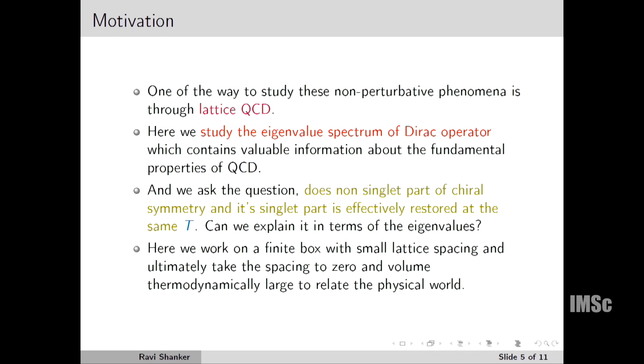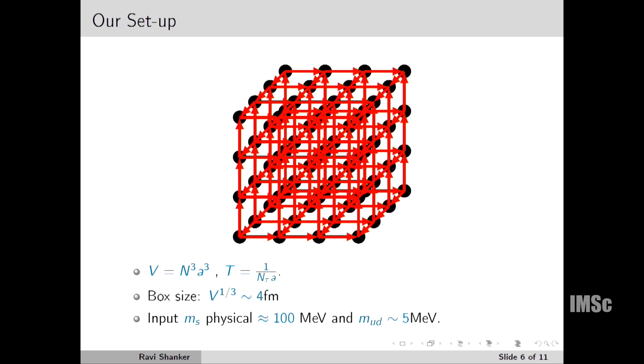We work in a finite box with a small lattice spacing, and ultimately we take this spacing to 0, and the volume of the box is thermodynamically large to relate to the physical world. This is our setup. This is a 3-dimensional box, and these black dots are our lattice points, and these red lines are the gauge links which connect two different lattice sites.